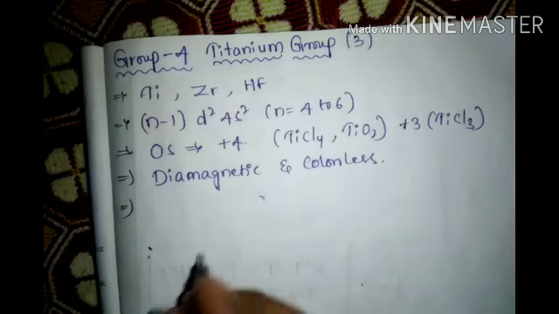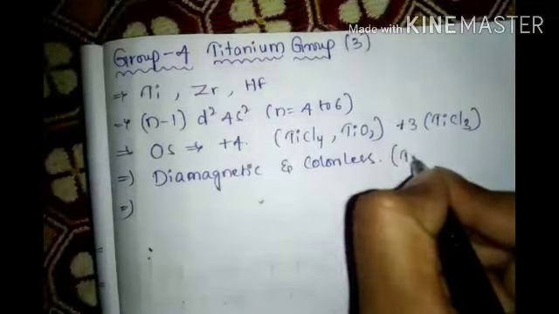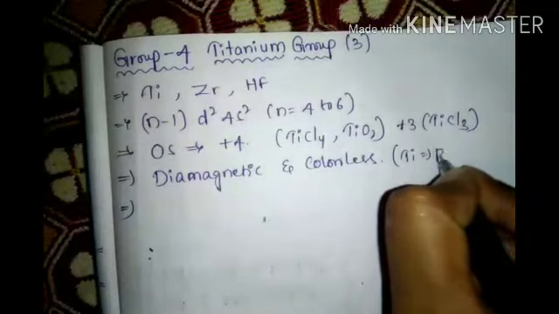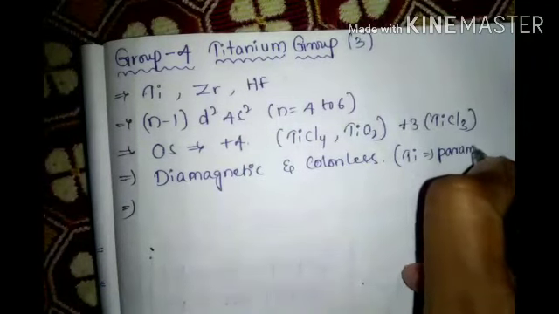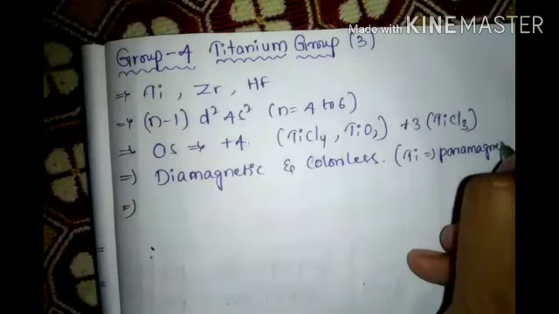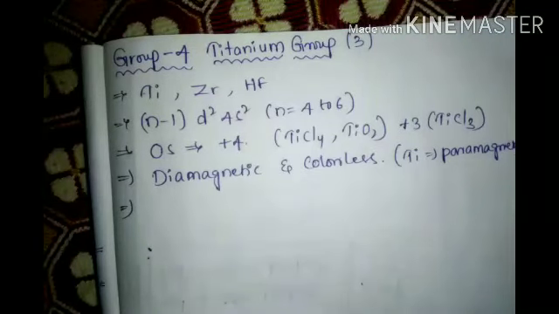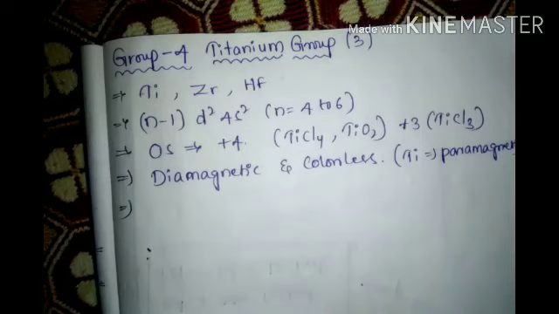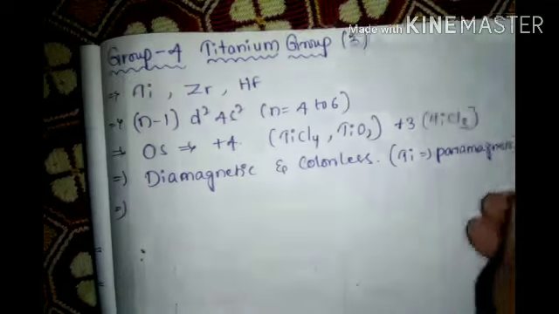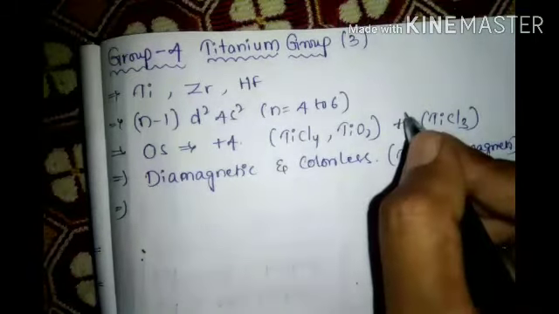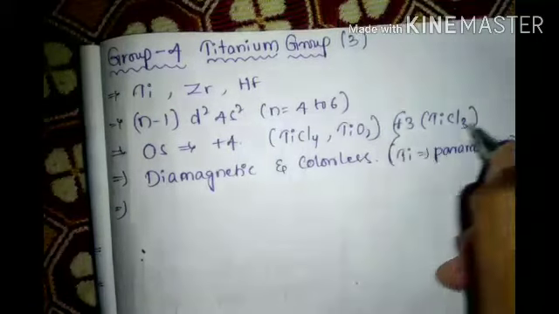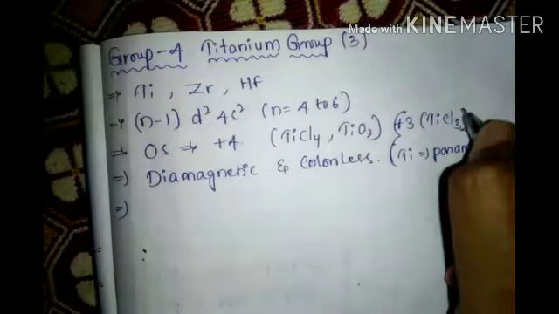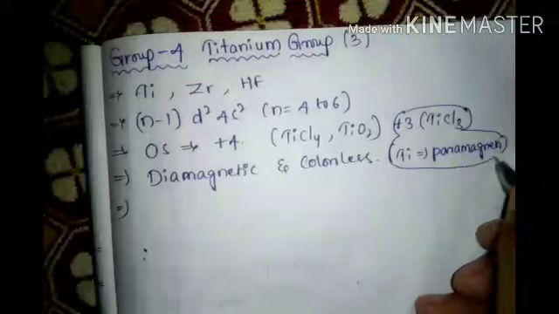And only titanium is paramagnetic. The remaining 2 members of this group are diamagnetic only. Titanium compounds at +3 only, you take it like this.